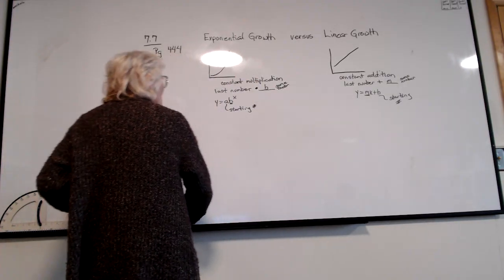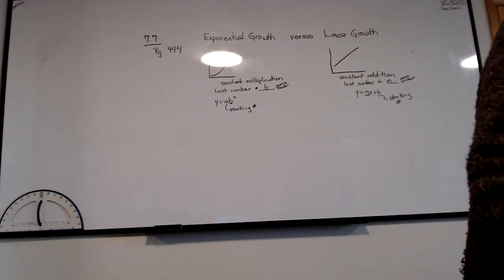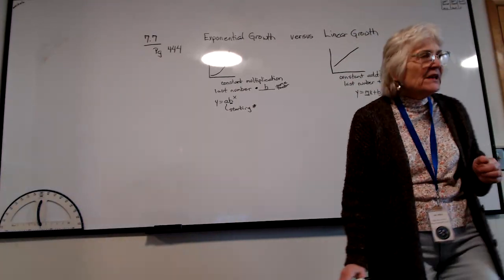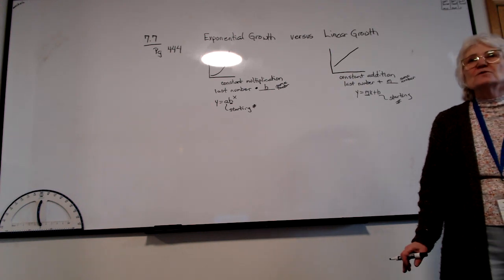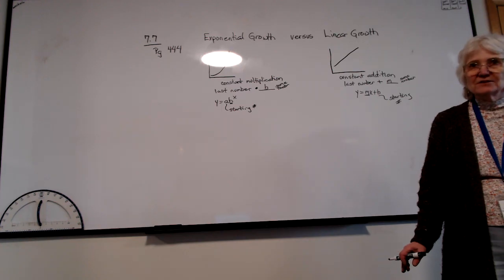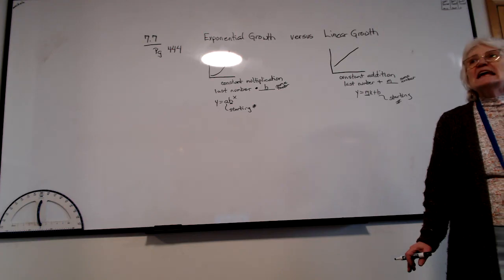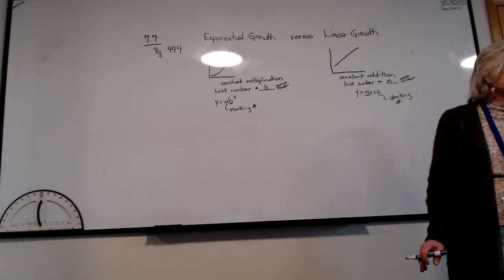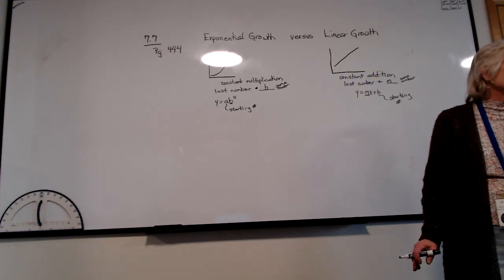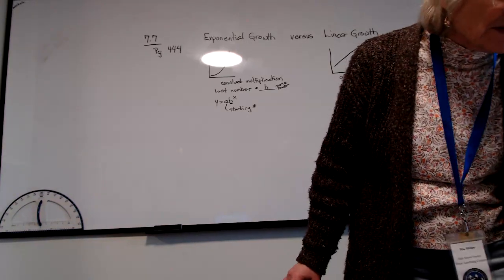So we're going to use now a problem that the people in Massachusetts did, their Department of Fisheries and Wildlife. They were trying to decide if they wanted to allow hunting of the deer or not allow hunting of the deer. So they went back to years and checked how much the deer population increased.